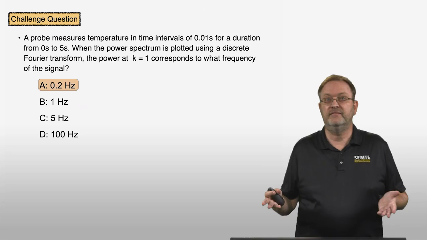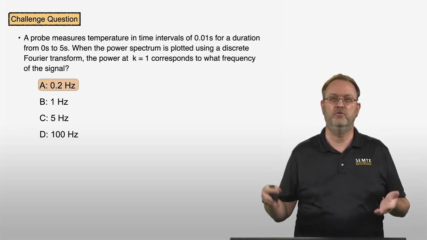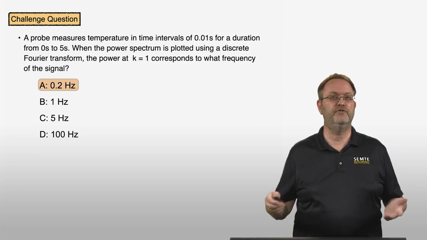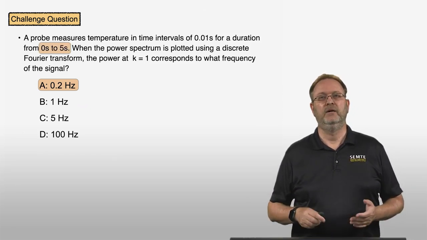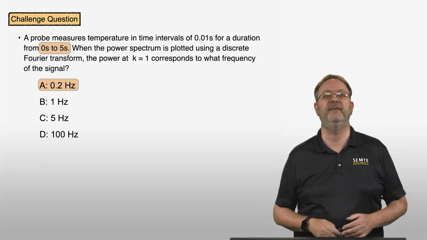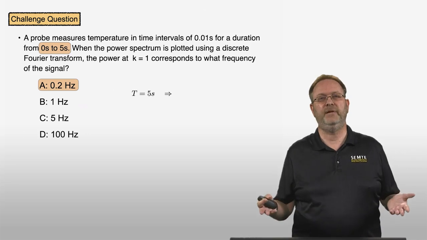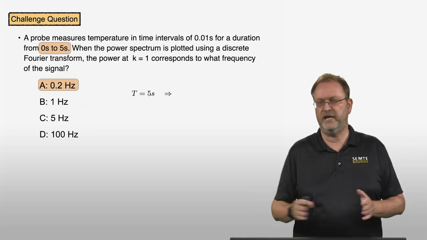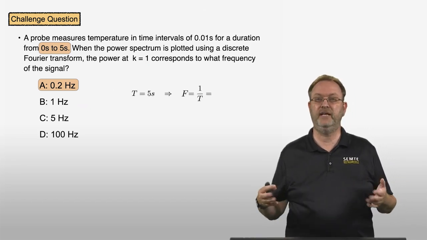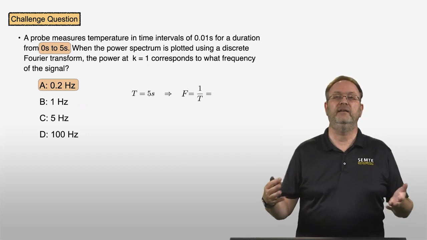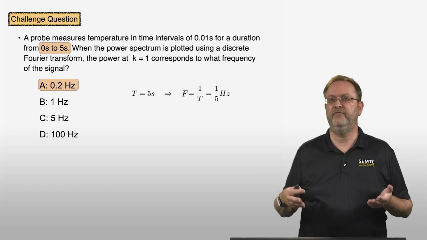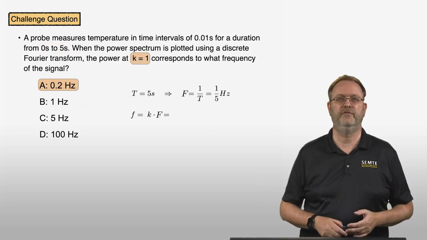So the correct answer is that the k equal to 1 wave number corresponds to a signal of 0.2 hertz. Now, why is that? Well, we've taken a signal from 0 seconds to 5 seconds. So what's the fundamental period? Well, the fundamental period is the duration of our signal taking. It's 5 seconds, which means that the fundamental frequency, which is 1 divided by the fundamental period, is 1/5 hertz.